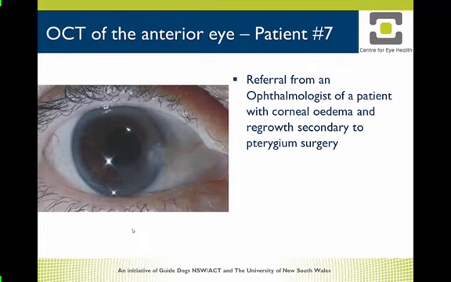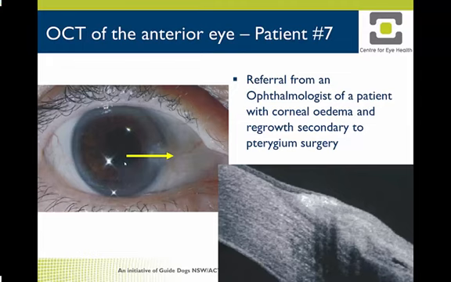So this is patient number 7 that was referred to us because the patient had pterygia surgery. But if you look very carefully, this part of the cornea is in fact hazy, and he wanted to determine why this is occurring, and also to get some imaging done of the pterygium.